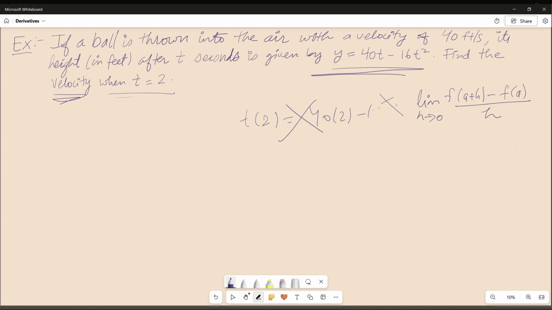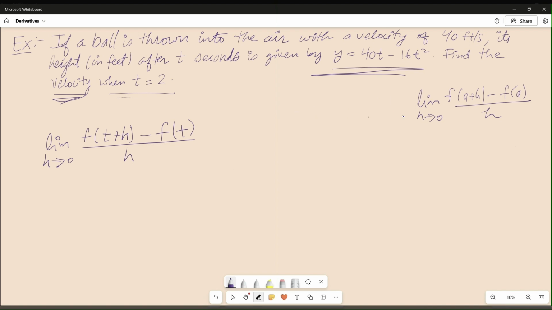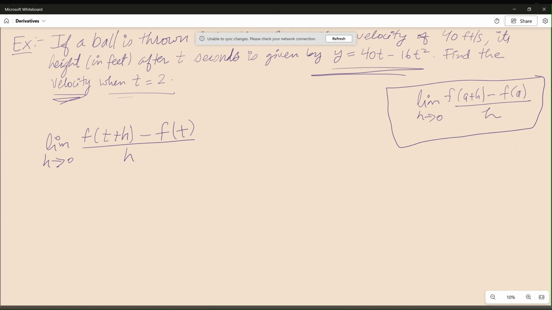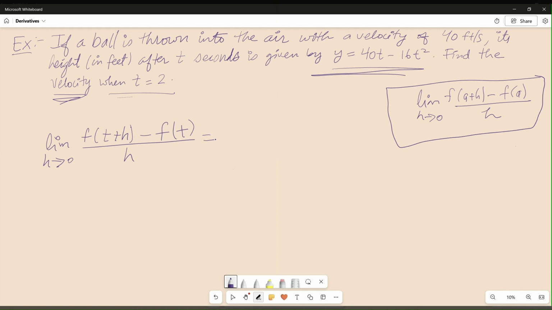The limit as h approaches 0 of f of t plus h minus f of t, divided by h. So what is f of t plus h?